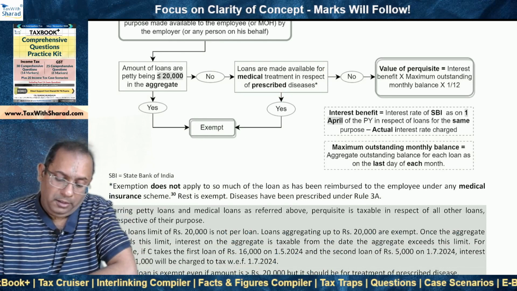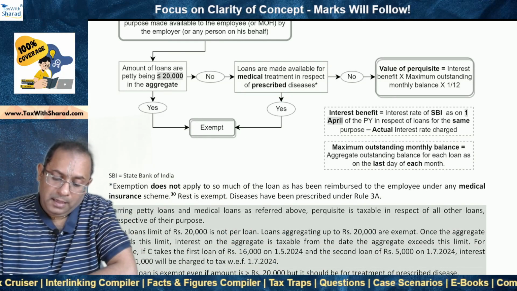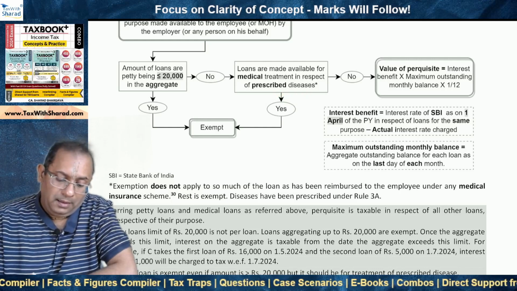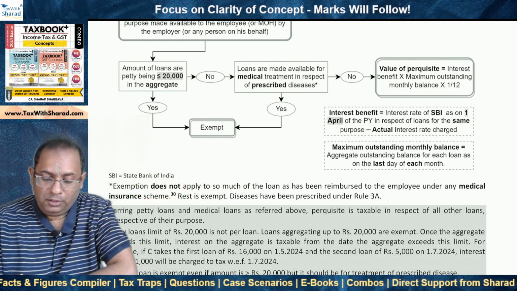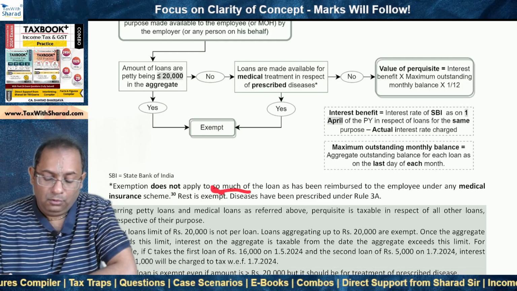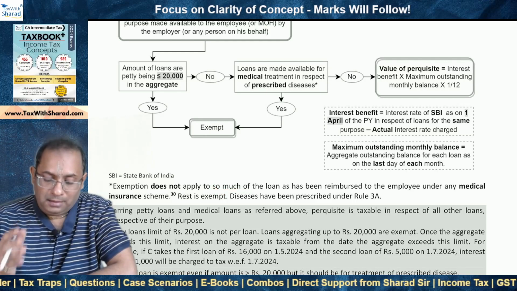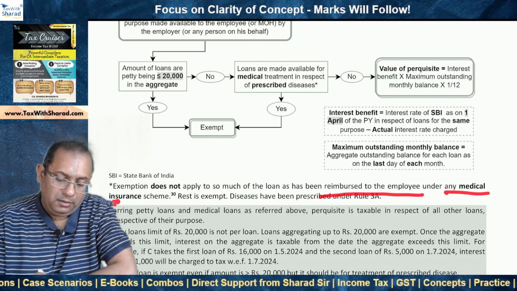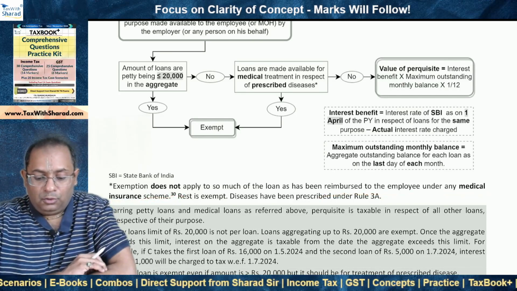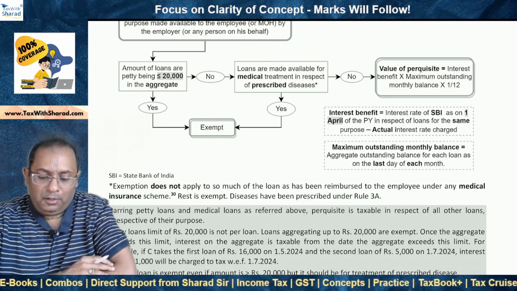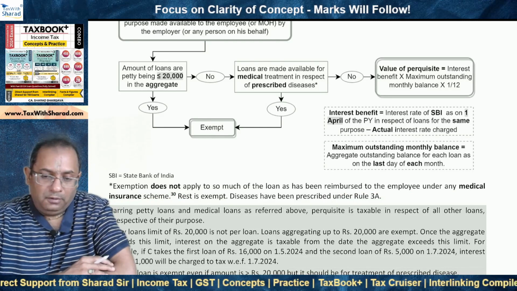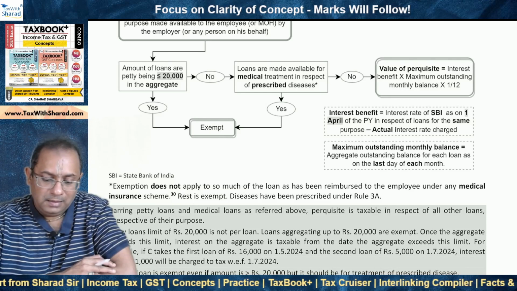Okay, one point that you need to note is in case the loan is made available for medical treatment of prescribed diseases, then exemption does not apply to so much of the loan, that means to that extent of the loan as has been reimbursed to the employee under any medical insurance scheme. Okay, so for example, take an example that you are an employee and you have taken a loan for the medical treatment of a spouse for a prescribed disease.